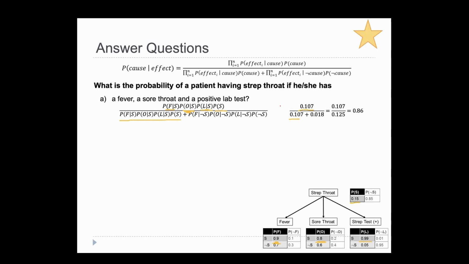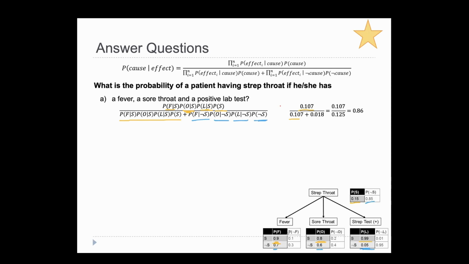And now we'll also need to calculate the probability of effects given not cause. So fever given not cause, 0.7. Sore throat given not cause, 0.6. Positive test given not cause, 0.05, L given not S. And prior probability of not S, 0.85.